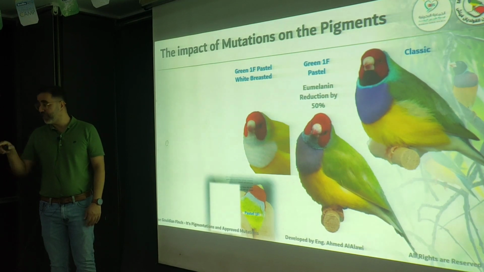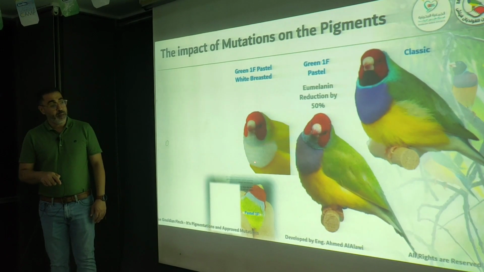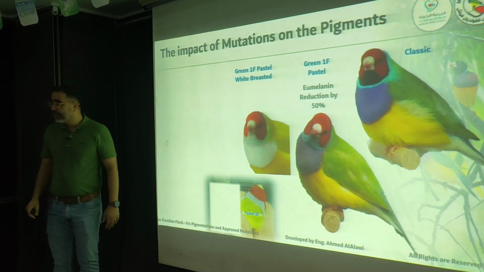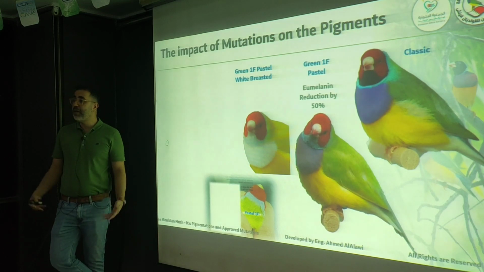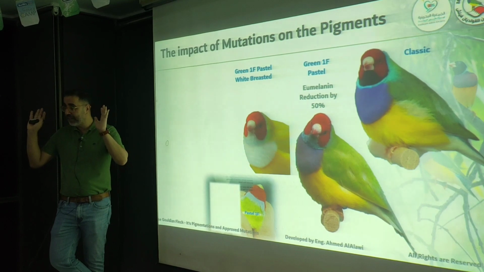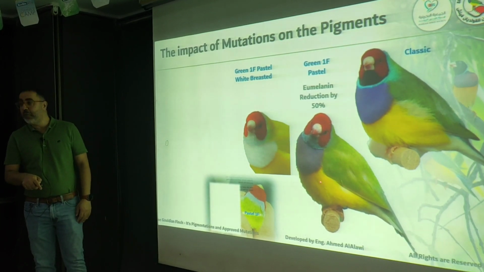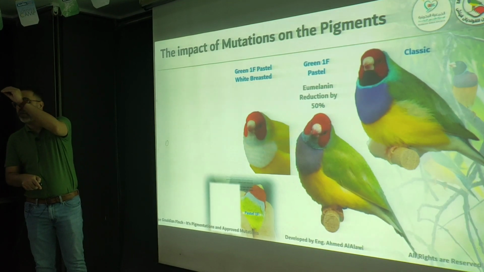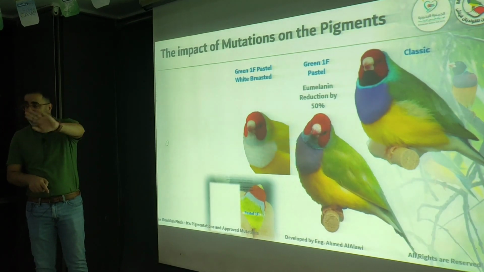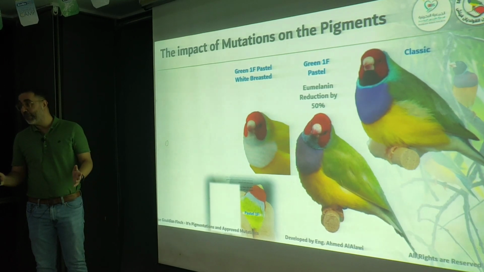This was the discussion happening last night across the table when we were eating, right? White breast, what happened? Pheomelanin, what happened? Gone. Totally gone, right? The effect of that, this tells you that this is green now because there is a little bit of pheomelanin left. You take that also away, then the back becomes yellow, right?